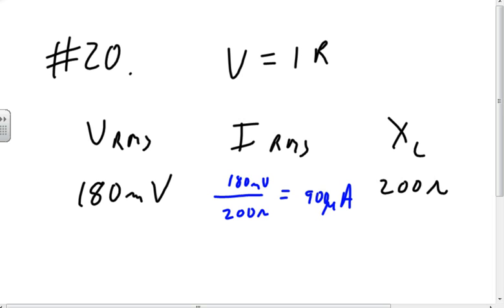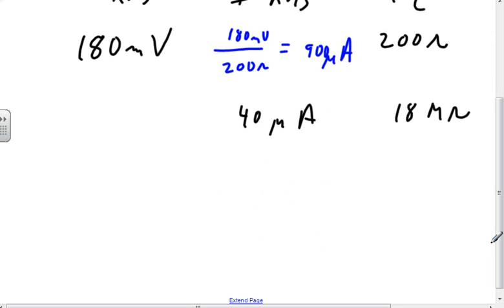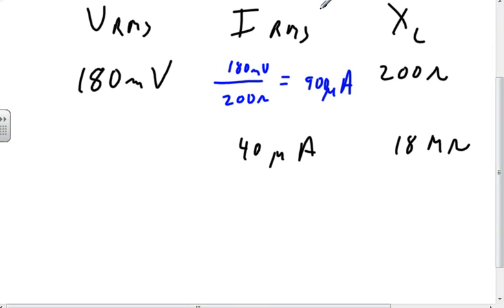And the second one, I know I'm 40 microamps and I'm 18 megohms. That's almost an open. So my voltage is going to be 40 microamps times 18 megohms.